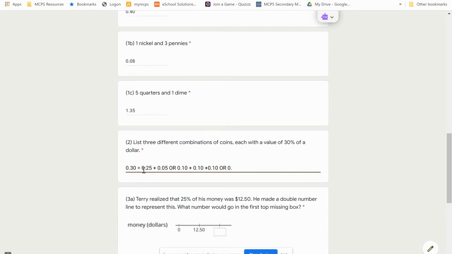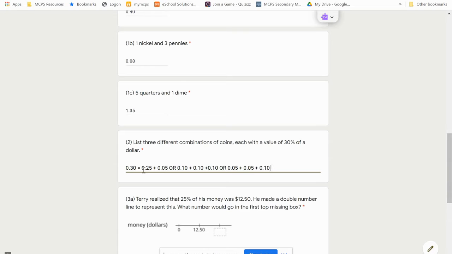Or another way could be, we got a penny, a nickel, a dime, a quarter, and it's 30 cents. So I could do 1 cent. I don't really want to do 1 cent. 5 cents plus 5 cents. That's 10 cents now. Let's do 10 cents plus 10 cents.